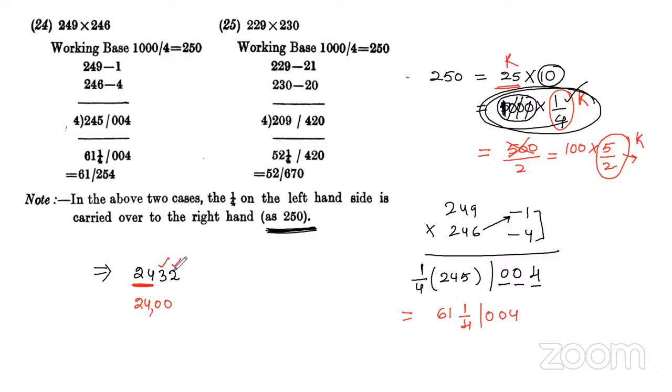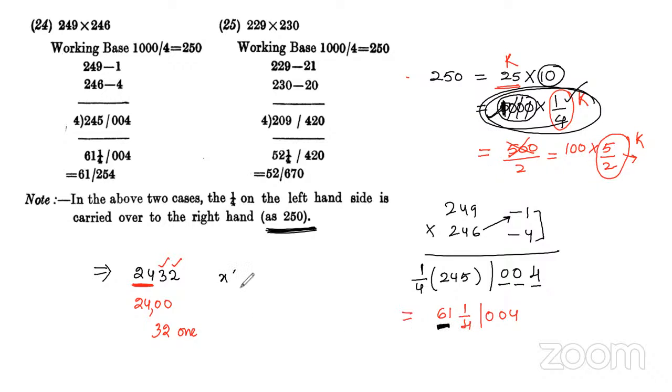Then these two come under a different place, tens, or you can take this as 21 ones also. Then also it has the same meaning. That means here it is 61,000 actually. Okay. 61,000. Why? Because we are taking the 1000 base here. So this is the 61,000.